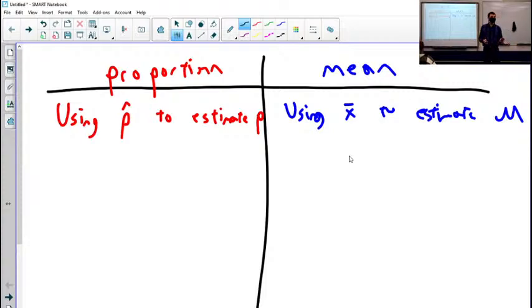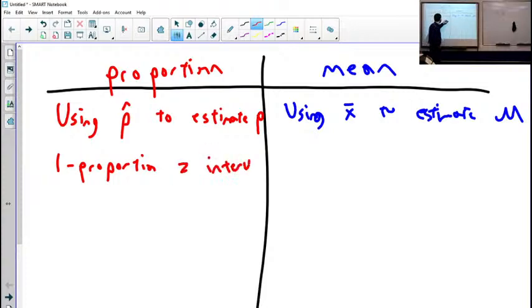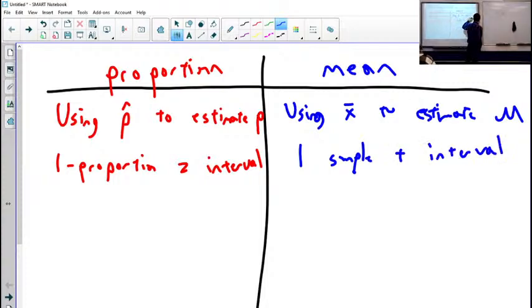Your difference in step 2. The name of this test is a one proportion Z interval. This is called a one sample T interval. So if you're dealing with means, you're going to call it one sample.